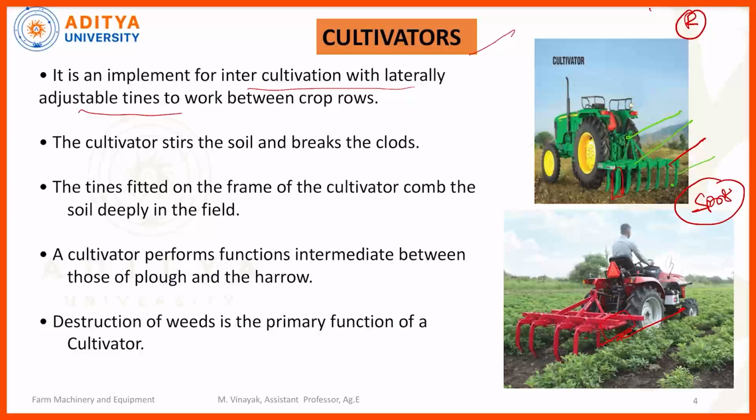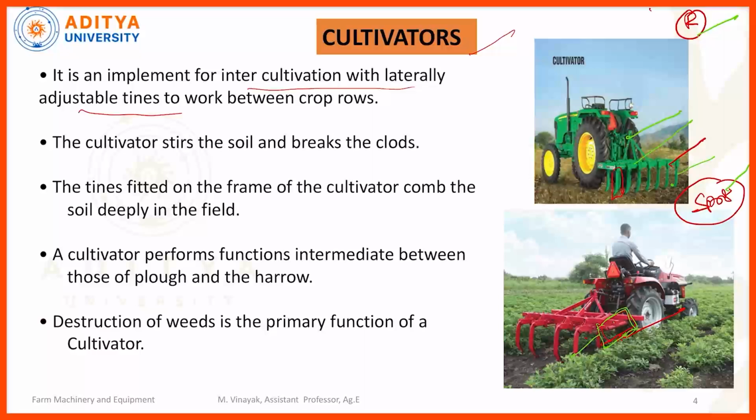Regarding cultivators, there are two types, rigid tine and spring tine. The main difference is that in the spring tine cultivator, springs alone connect the shank to the frame. The rigid tine cultivator is mostly used by coastal region farmers, because the soil in coastal regions is sandy in nature.